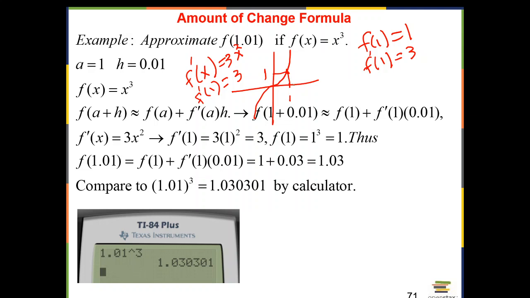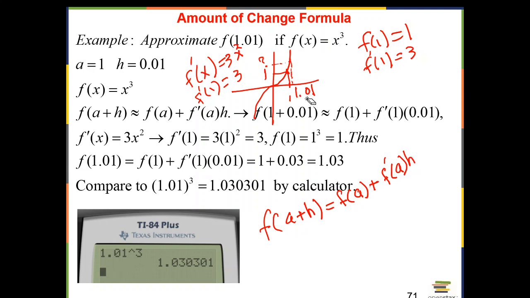So let's say I want to find the value of 1.01 to the third power, right? What is that? Well, to do that, I'm going to use that formula that says that f of a plus h equals f of a plus f prime at a times the change, right, from a.